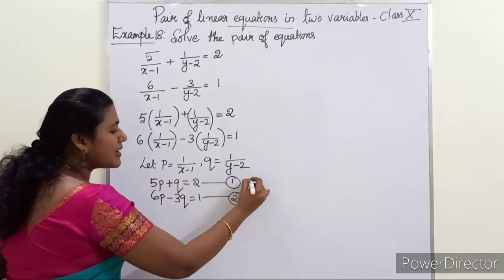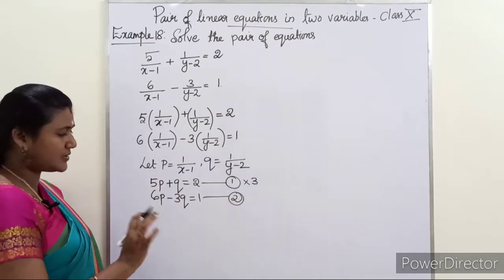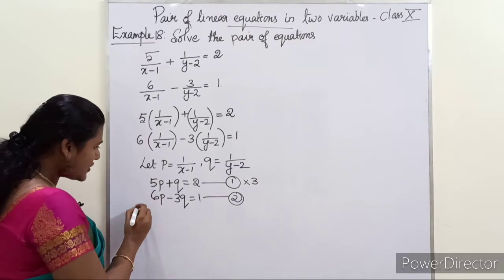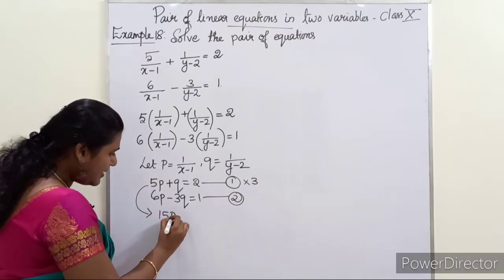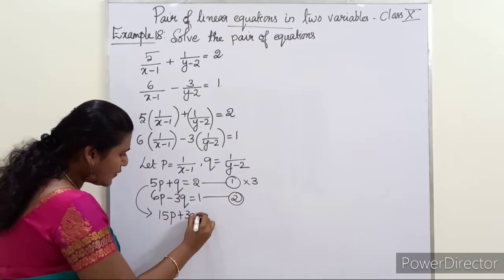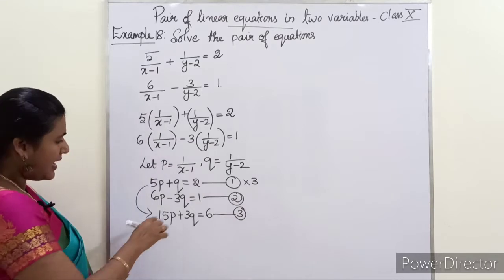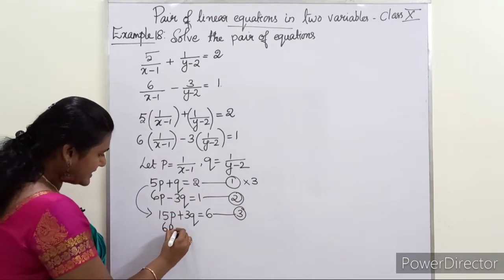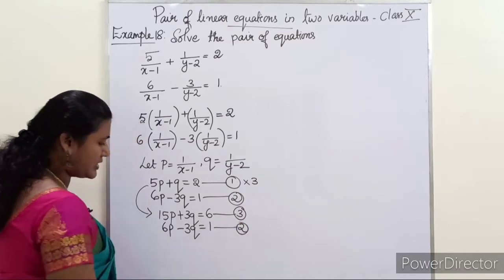So I am going to multiply the first equation alone by 3. So the first equation becomes 15p plus 3q is equal to 6. This is the new equation 3, and the second equation we will take as it is: 6p minus 3q is equal to 1.